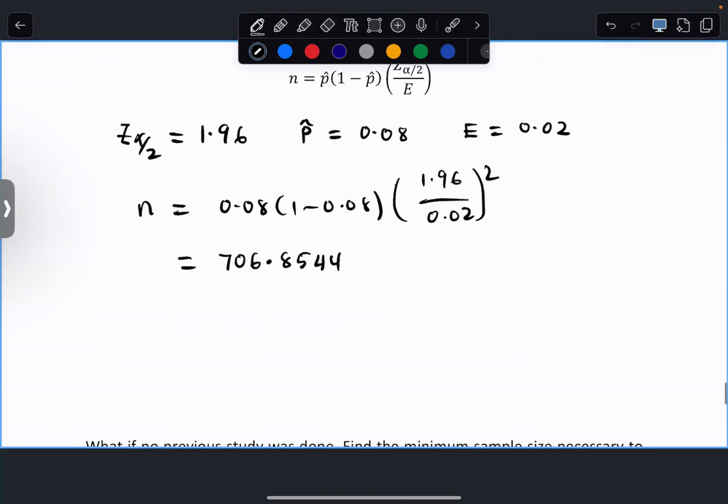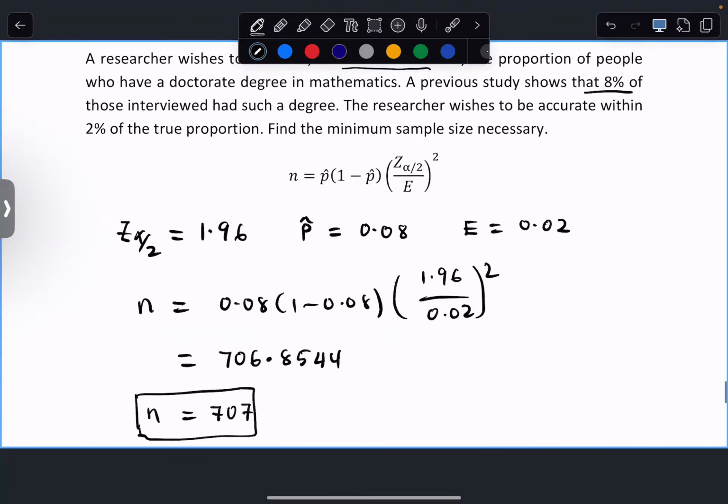What do we do to this? We round it up, right? 707. So the minimum sample size necessary for this study should be 707.